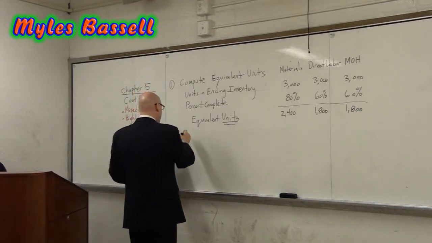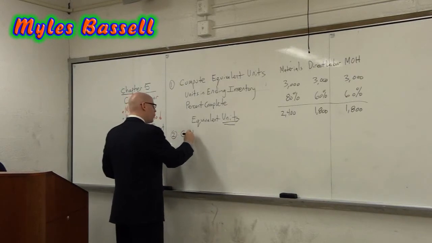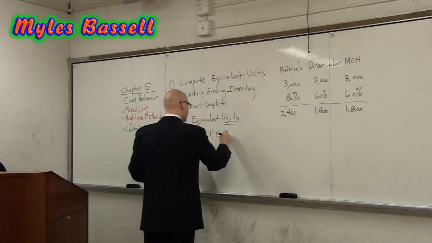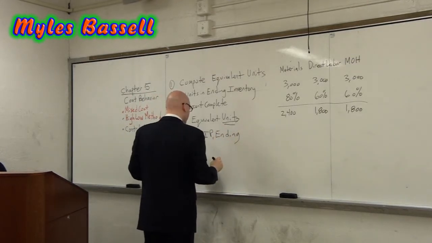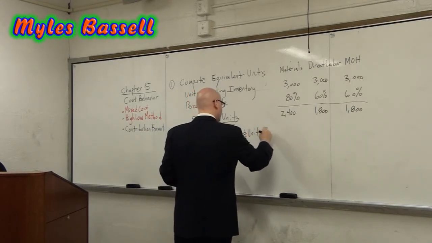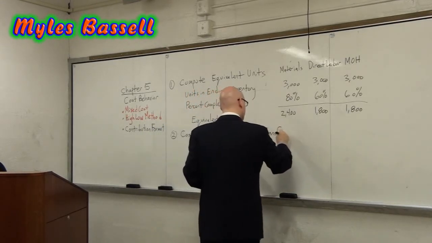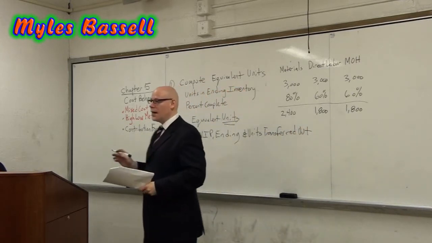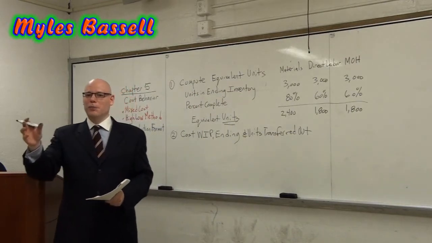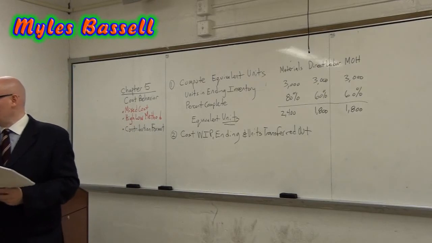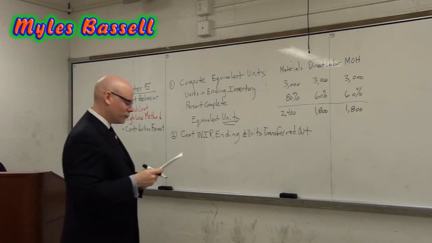So we're going to calculate the cost of the ending work in process and units transferred out. So it's not enough to know the number of units that are partially completed. We have to know the value. We want to find out what is the value of the partially completed items.